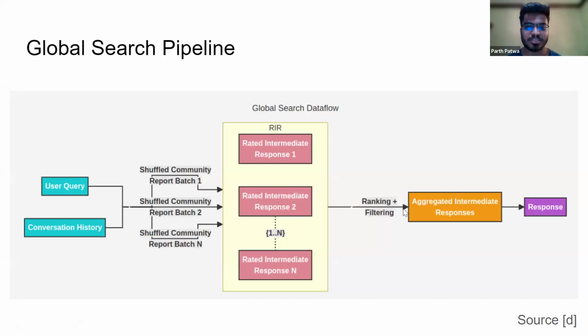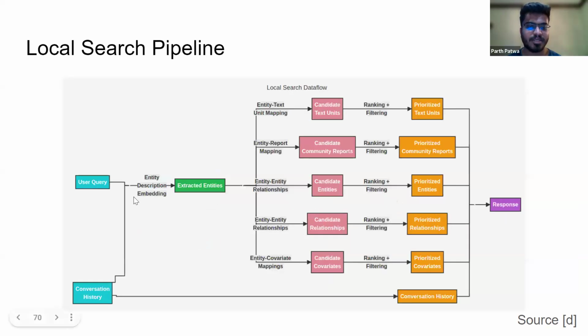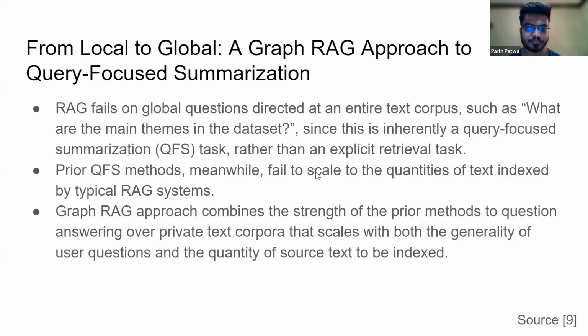For a global search, we just retrieve the particular community, and for a local search within the community, we again have to extract the entity, and that entity has multiple aspects, which is used to generate our response.